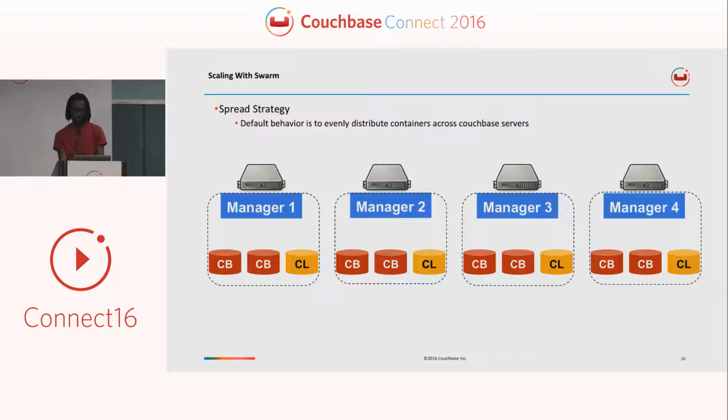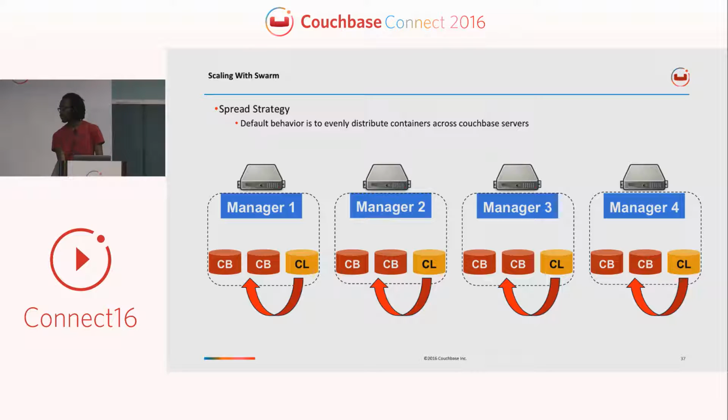And that is pretty nice if everything runs the same amount of workload. But with testing, we often get into the situation where the client is really pushing data pretty hard, and it can affect the performance of the Couchbase containers, right? Or even vice versa, you could have something where a Couchbase container is really under a lot of stress and it affects your data loading.